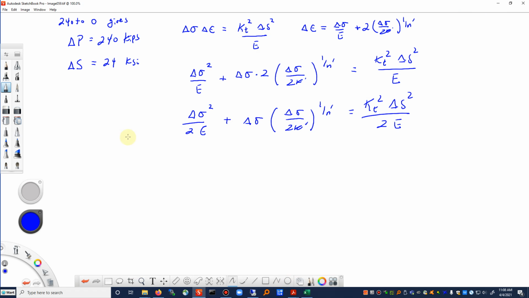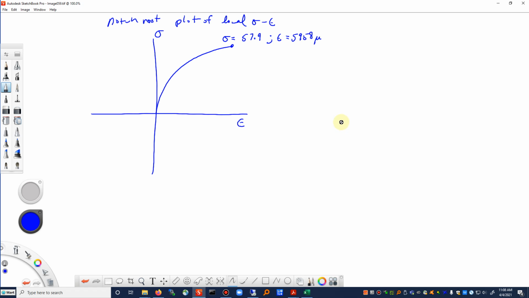All right, I've got those written down. So I'm going to go back to this page. Now this was a decrease in load, so what that means is we're going to have a decrease in stresses and strains.